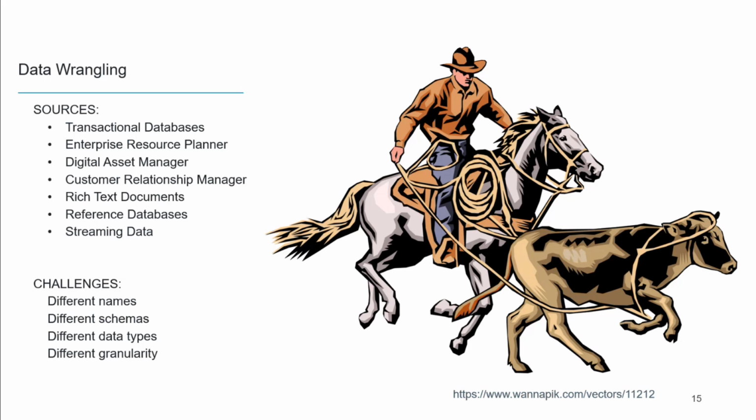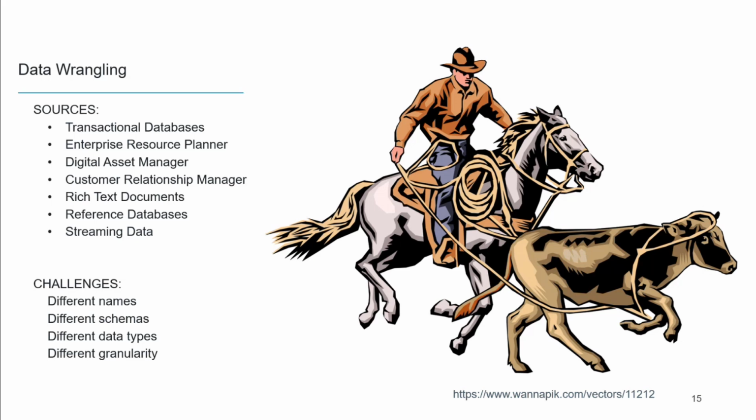So let's say we have all of these different sources and we want to bring them together to do analysis. What are some of the challenges that are going to come up as part of that? The challenges could look like having the same business model having different names in different databases.